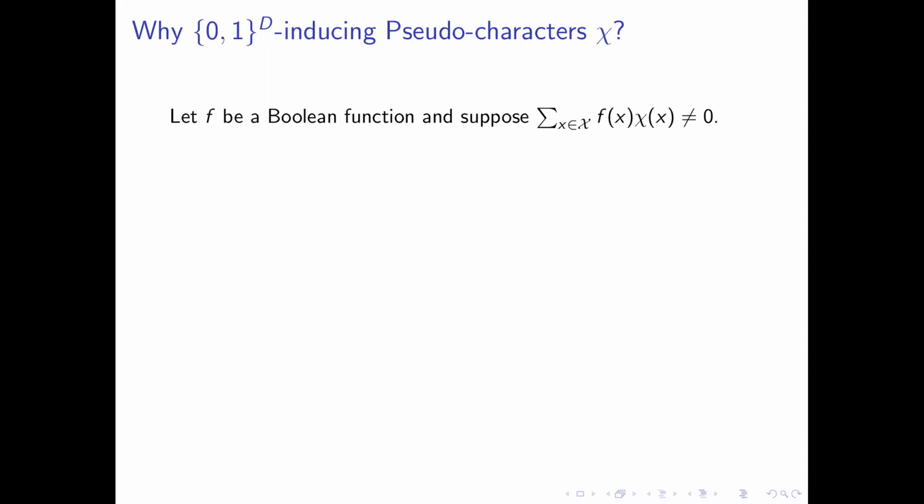So there's a reason why we're considering these characters, these 0-1 D inducing characters. The reason is as follows.